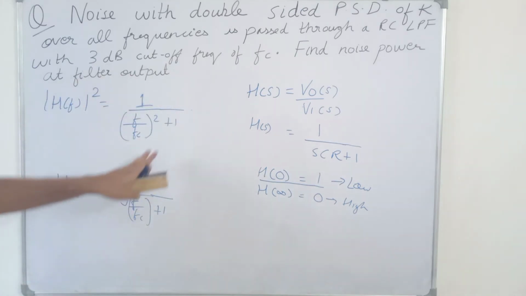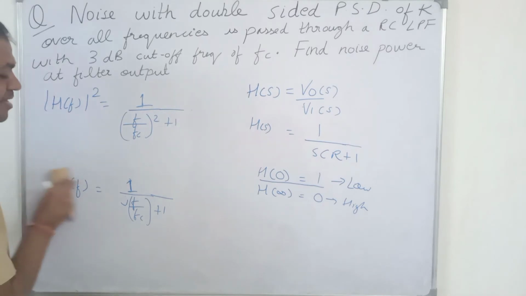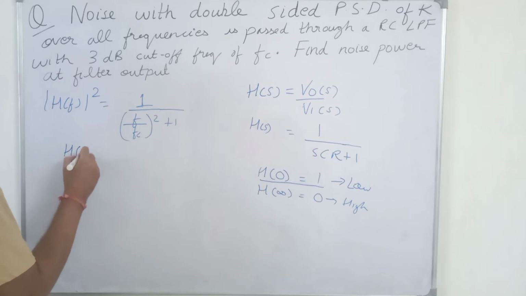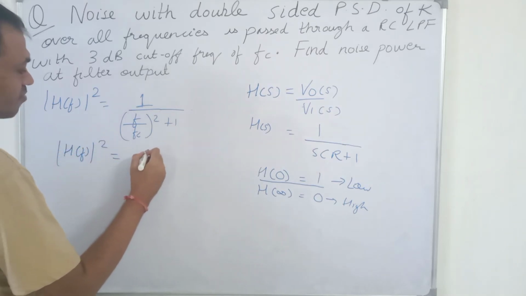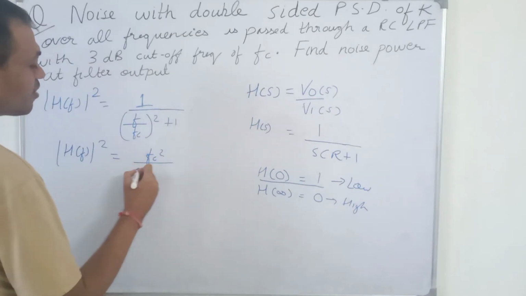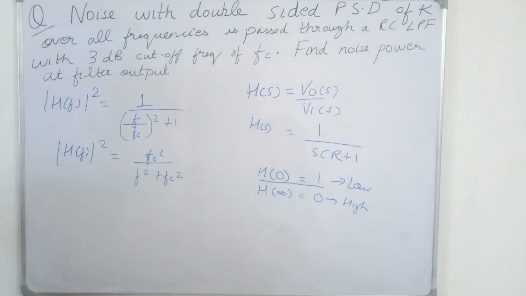If we square it, then it will be equal to 1 upon (F by FC) whole square plus 1. Taking the LCM, we get magnitude of H of F whole square equal to FC square upon F square plus FC square. So this is our H of F square for the transfer function of the RC low pass filter.